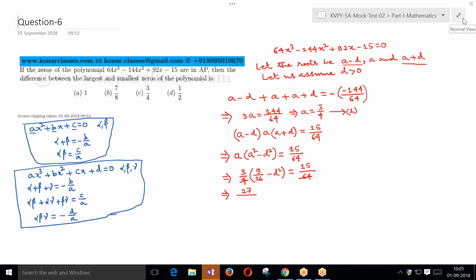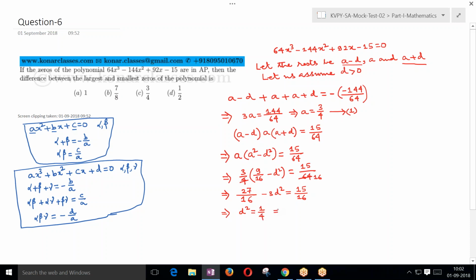So then what we get is 27 by 16 minus 3 into d square is equal to, here it was 16 in the previous step, 15 by 16. Now it is a simple algebraic manipulation, and from there you will find d square is equal to 1 by 4.